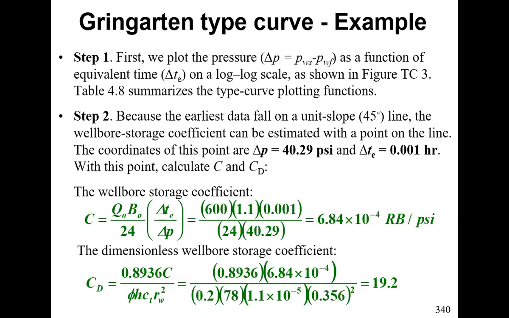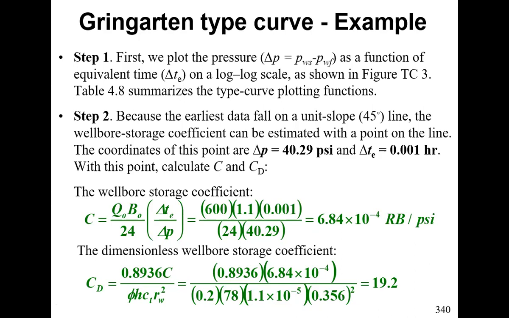The basic thing is the calculation of the equivalent time, and remember the equivalent time is the shut-in time divided by 1 plus the shut-in time over the producing time, and we have everything that we need for that. So that's the first step: to prepare that plot on a log-log scale.